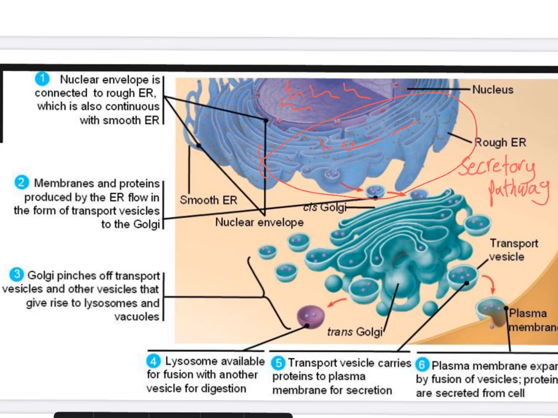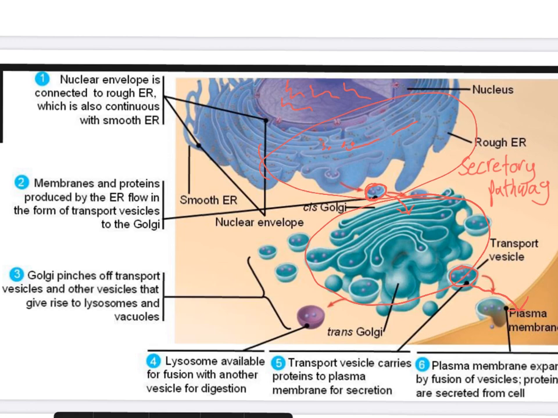From the rough ER, the proteins will be transferred to a vesicle. It's just like a little transport bubble. From there, they're transported to the Golgi. The Golgi will modify them and then put them into transport vesicles to be transferred out of the cell.